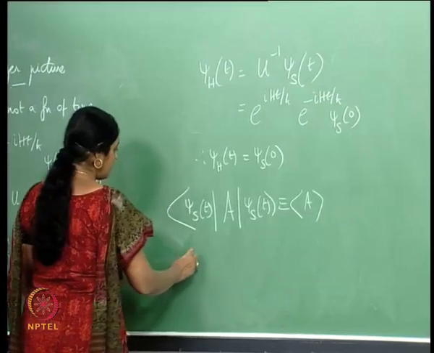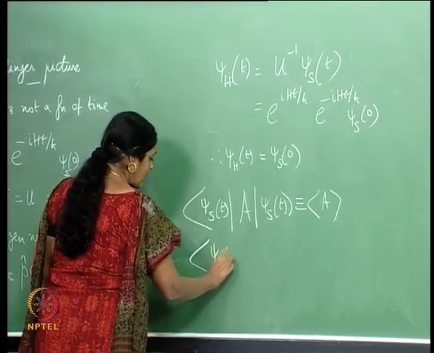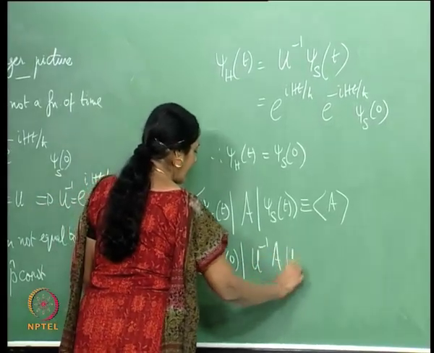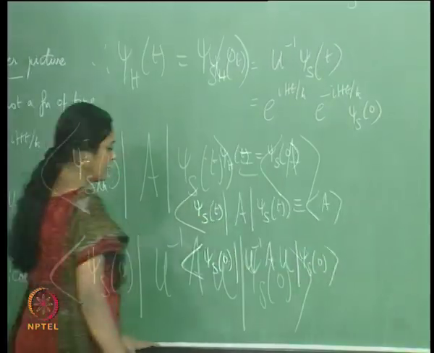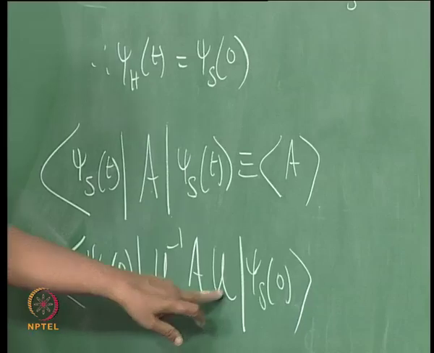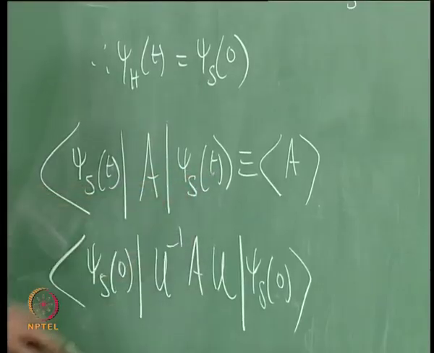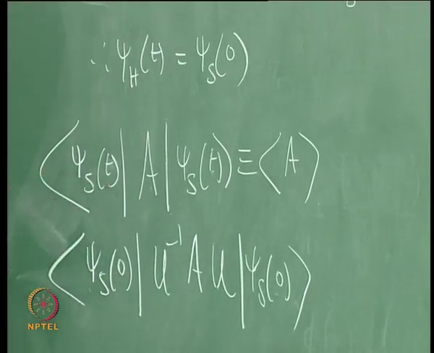And therefore, I could have well done this by starting with psi_S of 0, U inverse A U, psi_S of 0. Remember that U psi_S of 0 is psi_S of t, and therefore U inverse on this side gives me the bra psi_S of t.